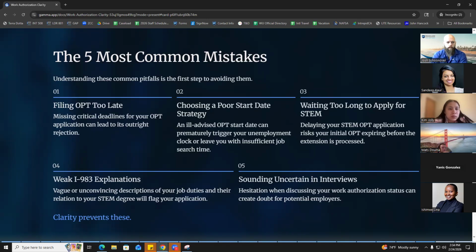Waiting too long for STEM, weak or vague I-983 explanations, we've talked about that already. And also, again, the lack of confidence when it comes to interviewing. Over-explaining work authorization in the cover letter is another one I see.